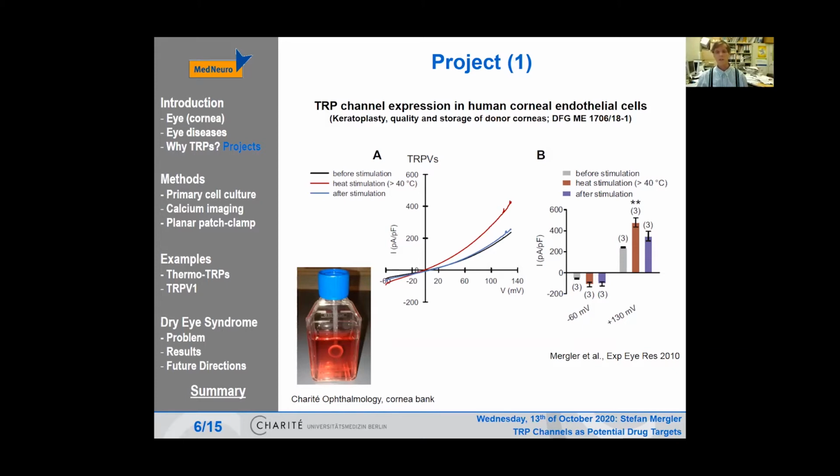Here's an example showing the expression of TRP channels, especially TRPV1 heat-activated channels. The red trace shows the activation by heat stimulation, and recovery after stimulation is visible here. This is only a demonstration of heat-sensitive channels for the first time in cornea endothelial cells.